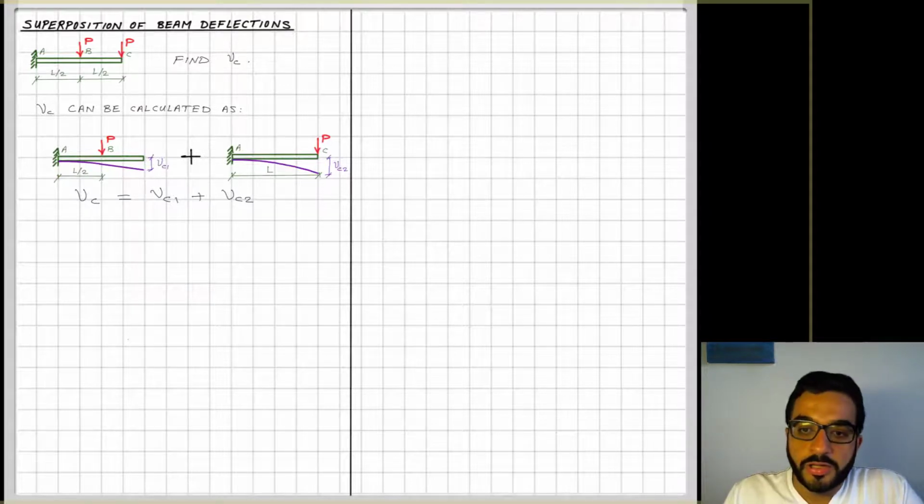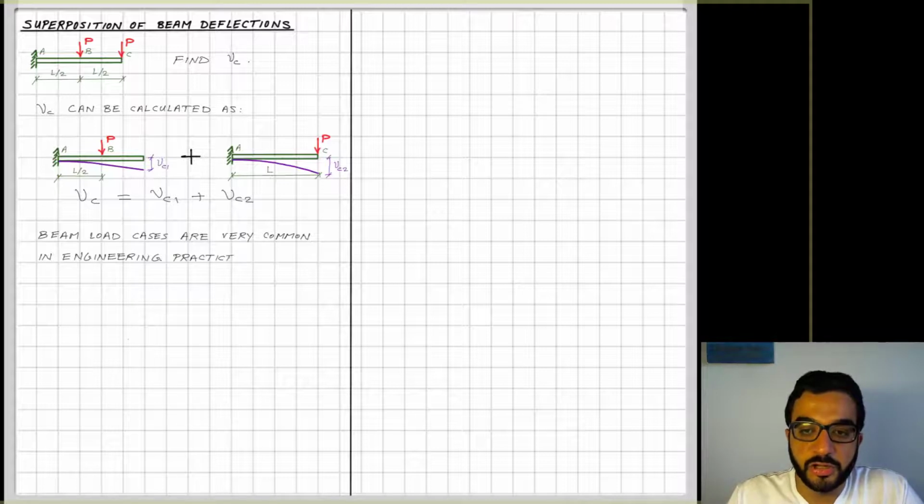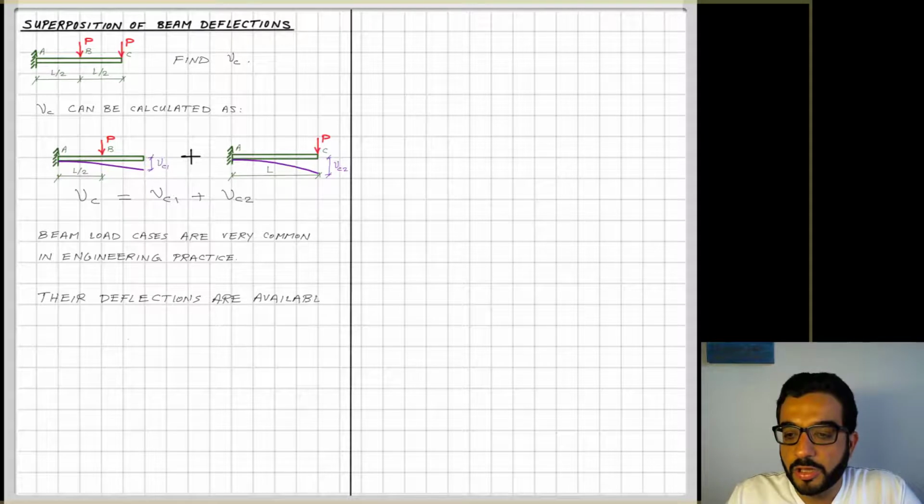Now, there is no point if I will have to use the integration method to figure out the deflections for both of them. Now I kind of doubled the effort. But the idea here is that these deflections and these beam load cases are typical, and as engineers in practice, we see them a lot in design problems.